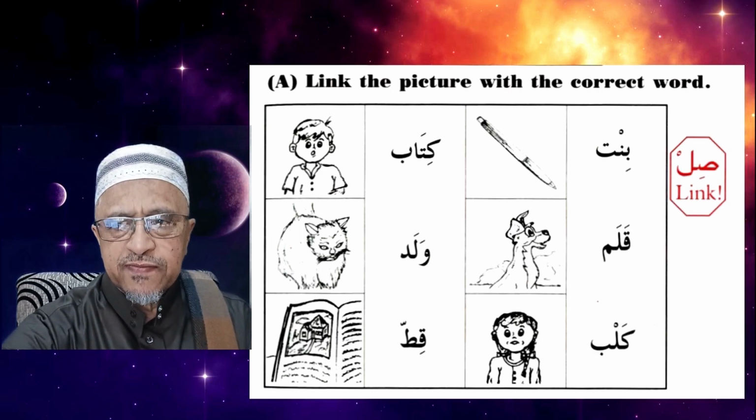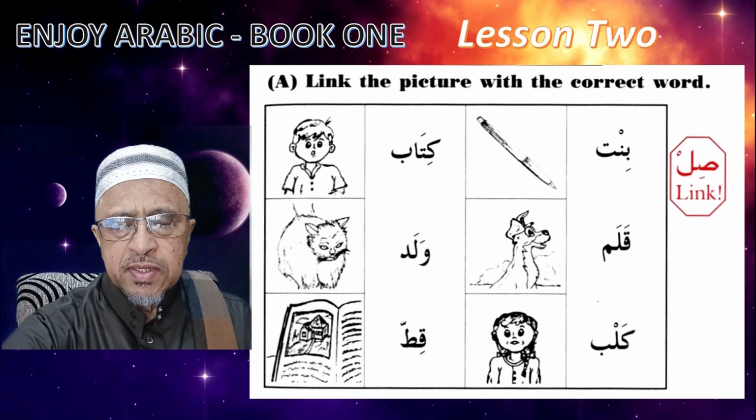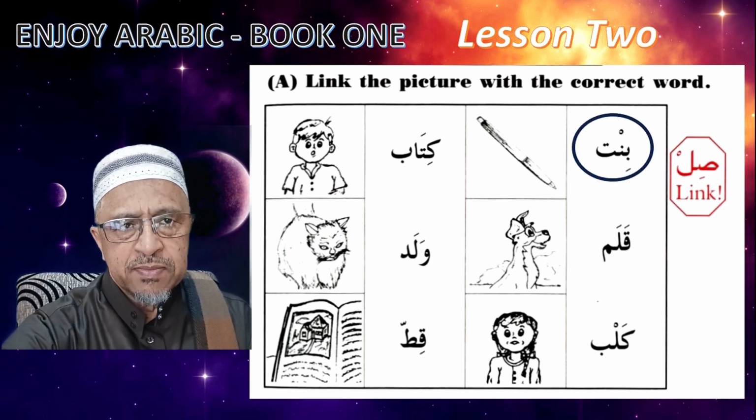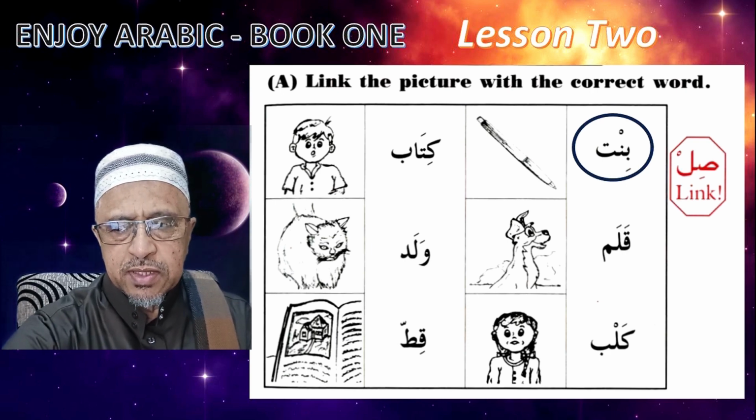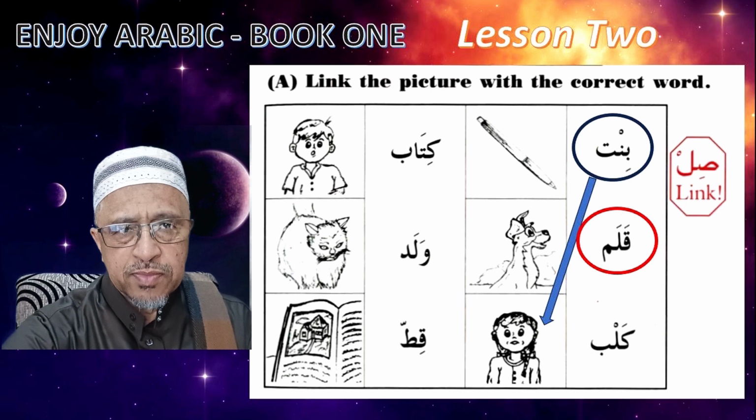So let's look at the first word there. And what is that word? Bint. What is bint? It's a girl. And there you see the picture of the girl. Second word is, what is that? Qalam.